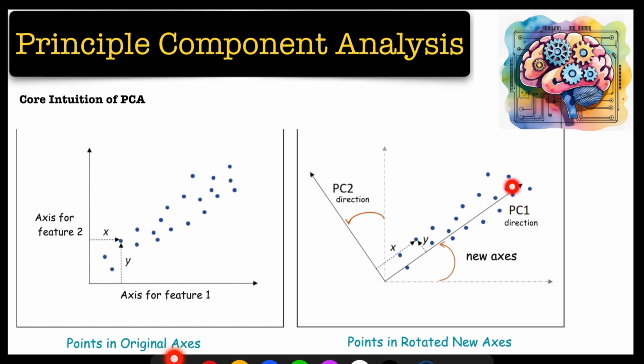So we'll take 1 principal component to convert from 2D to 1D. If we have 3-dimensional or multi-dimensional data, we can have 1 or 2 principal components, so we can take multiple axes in that case.